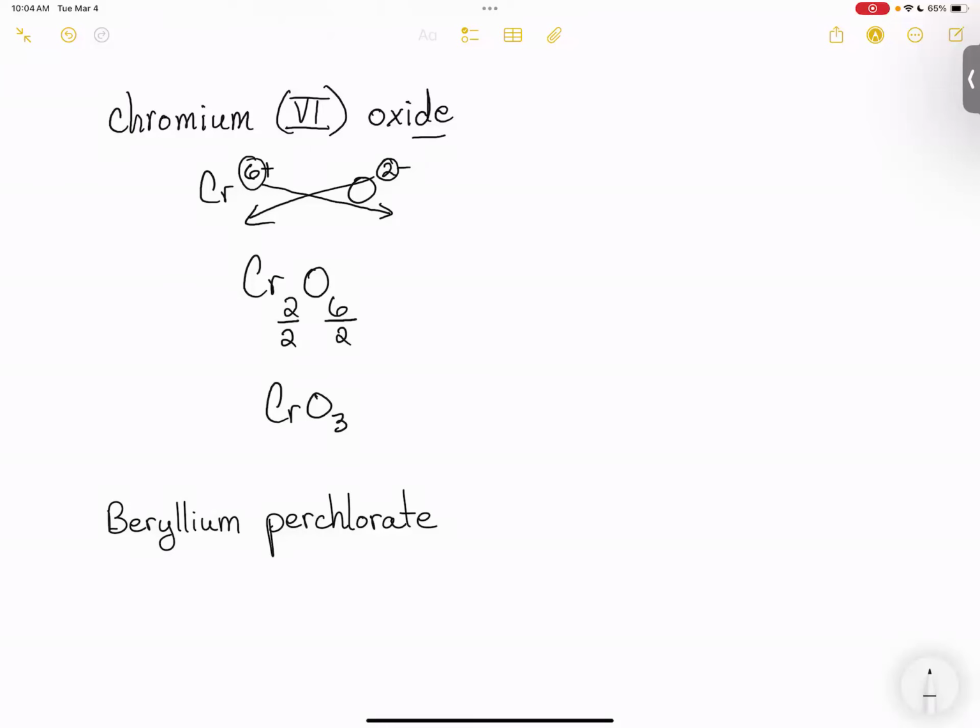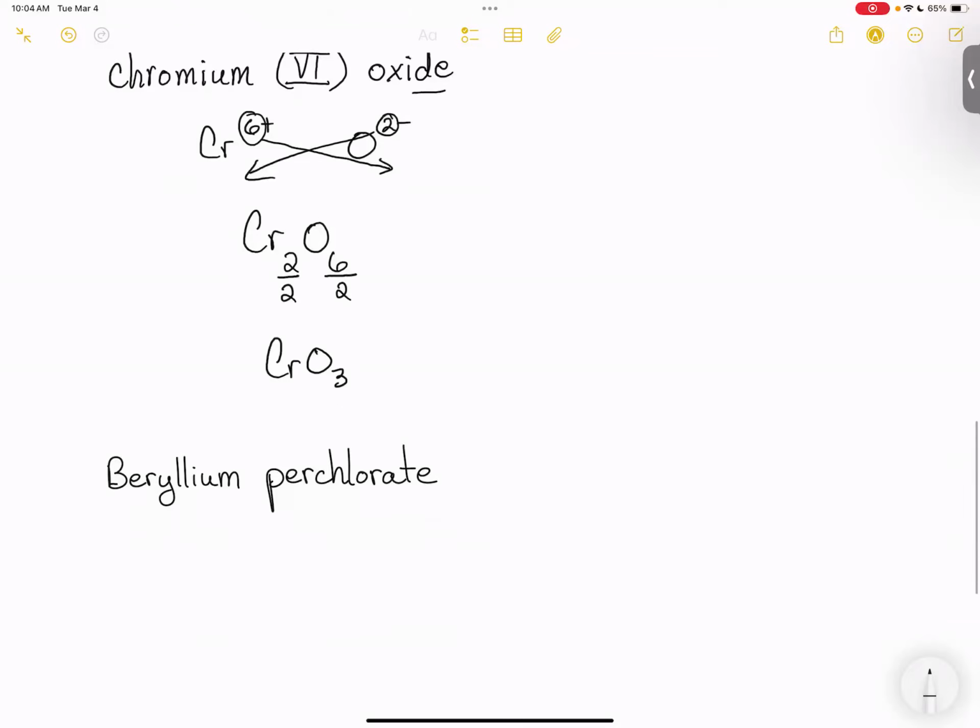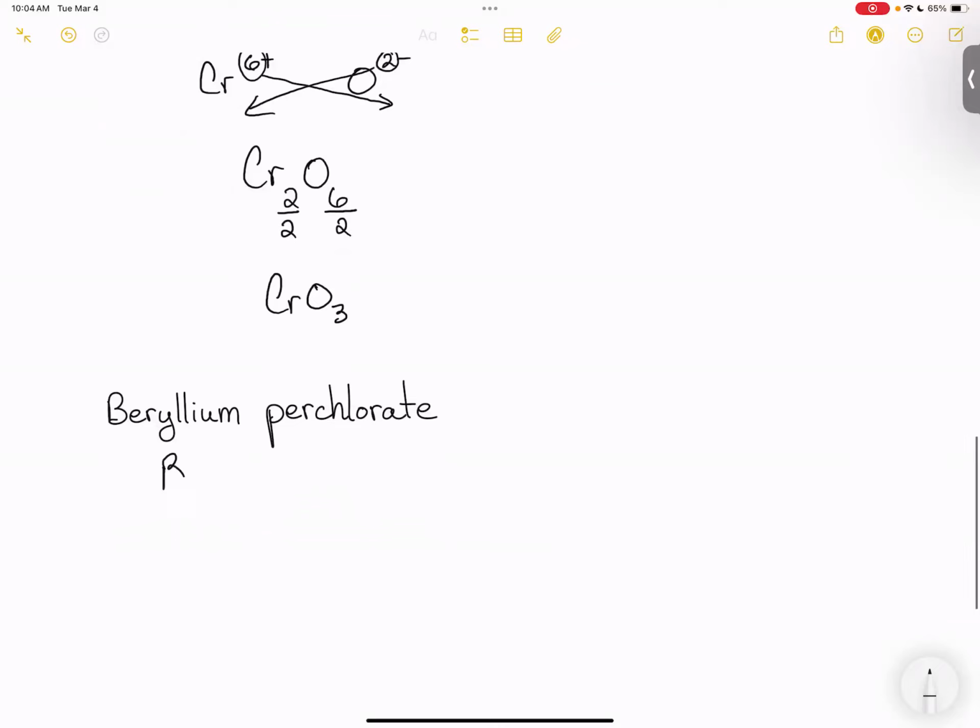Beryllium. What charge is it going to have? It is element number 4 on the periodic table. It's a +2 charge. Why? Because it's in group 2. It is one that is always the same.